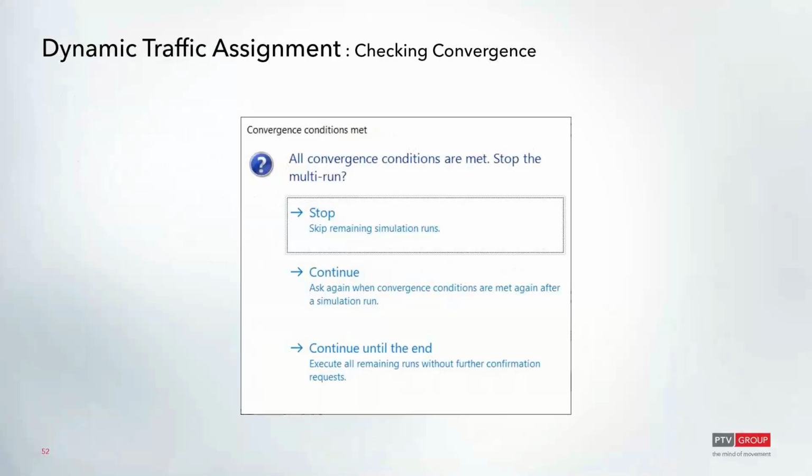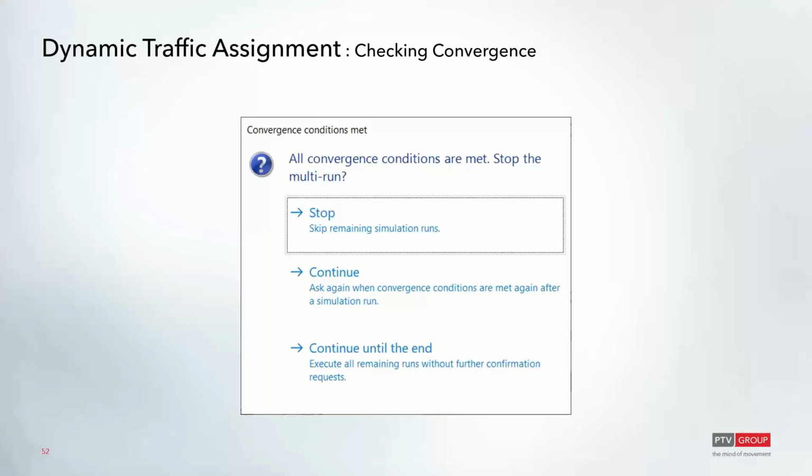And then as the simulation is running, and once that convergence criteria has been met, you will see a pop-up that will display if you have the default option of ask being set within that dynamic assignment parameters window. In this case, the pop-up is just going to let you know that all of those convergence conditions have been met.